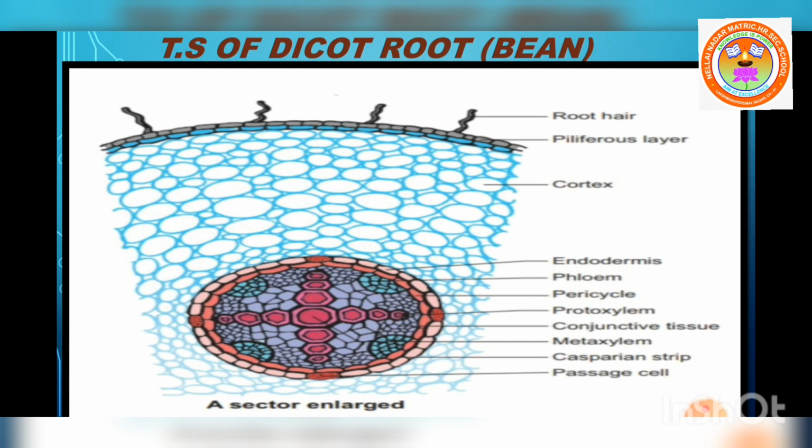This is the internal structure of dicot root, a sector enlarged. A thin transverse section of dicot root reveals epiblema, cortex, endodermis, stele, vascular bundle, pith from the periphery towards the center.